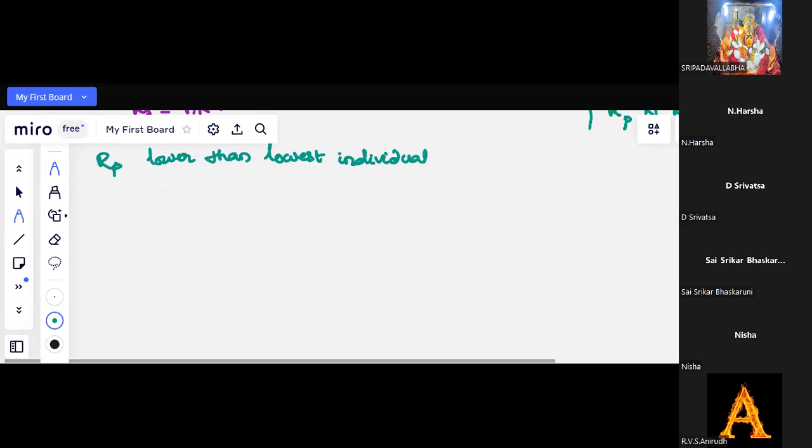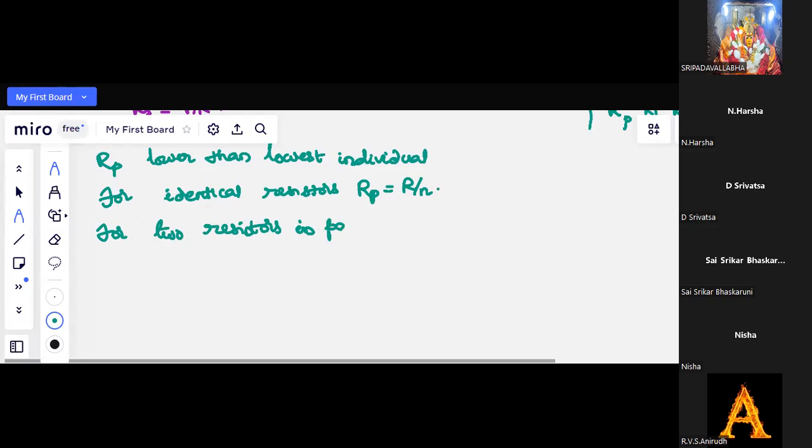And here we write for identical resistors: R_P is equal to R by N. For two resistors in parallel there is a shortcut.